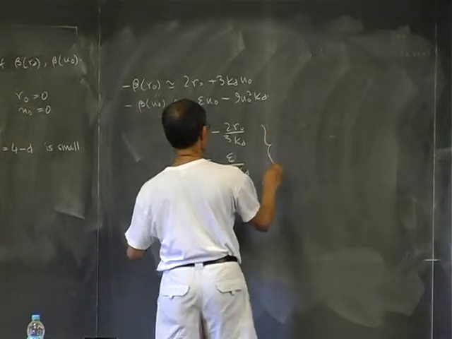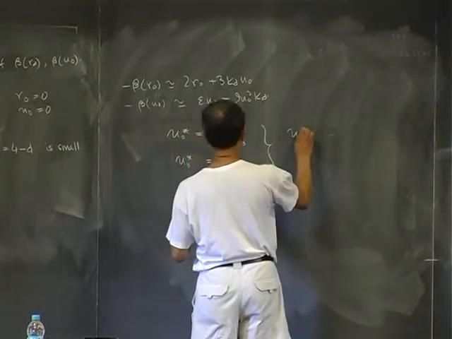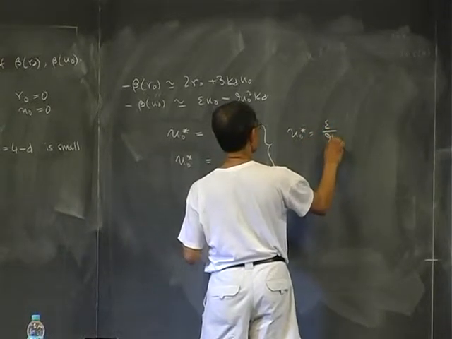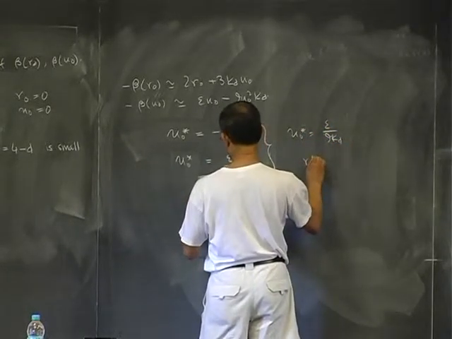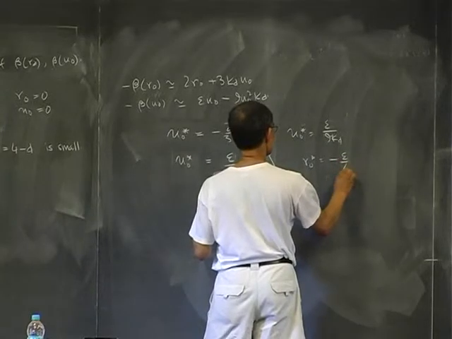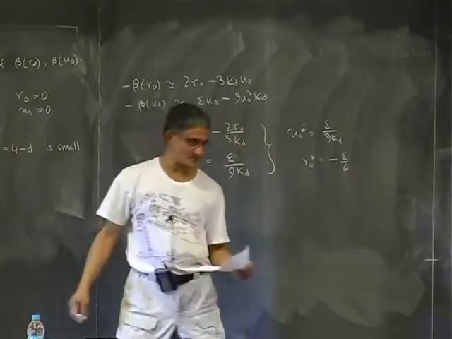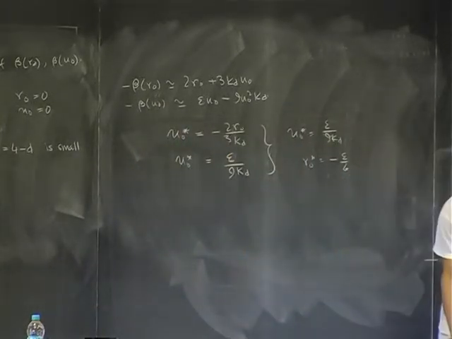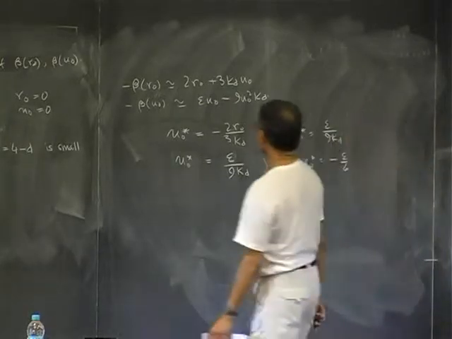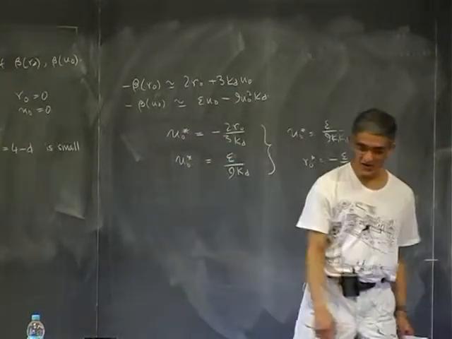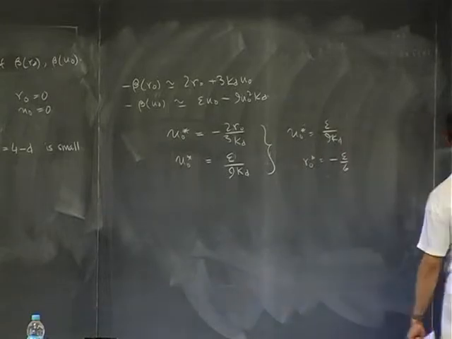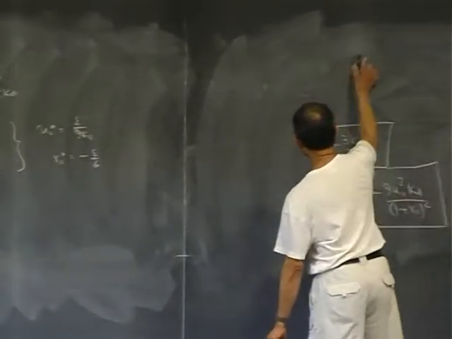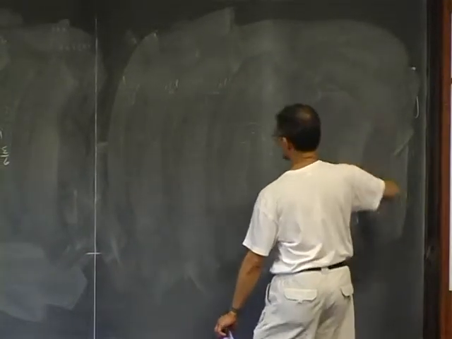So these two equations then tell you U naught star is epsilon by 9 kd, and R naught star is minus epsilon by 6. Now the final thing is as follows.